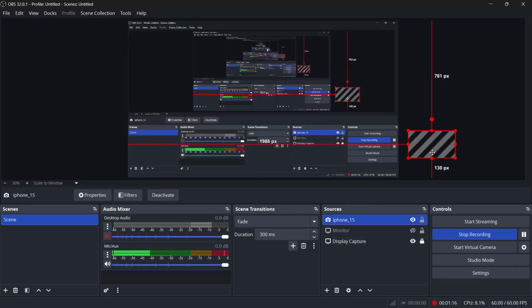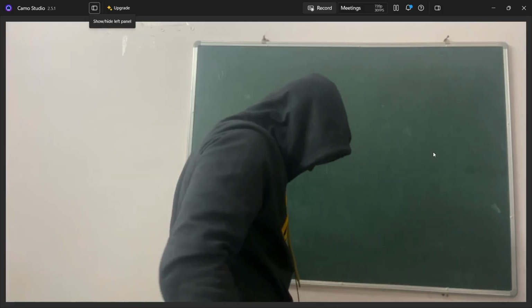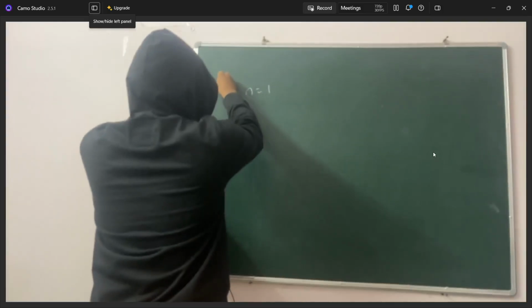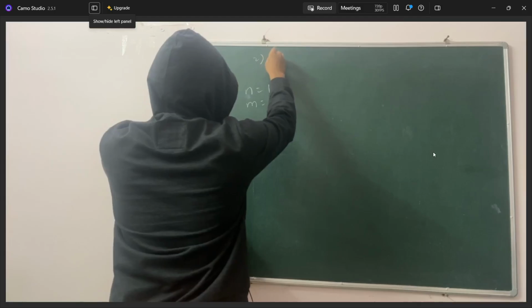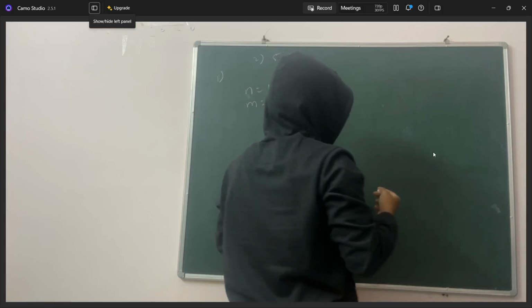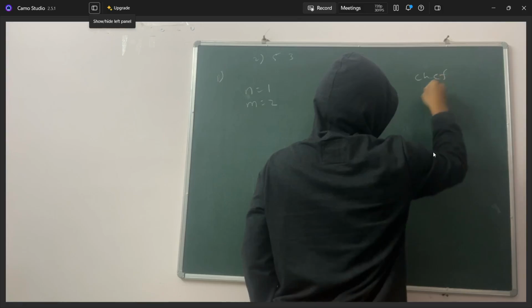Let's go to the board. So n is 1, this is the first example, and m is 2. In the second example we have 5 comma 3. In the question, Chef has n toys.